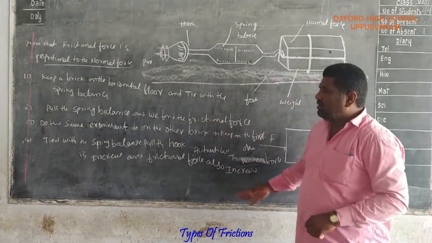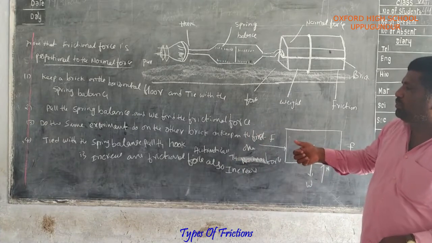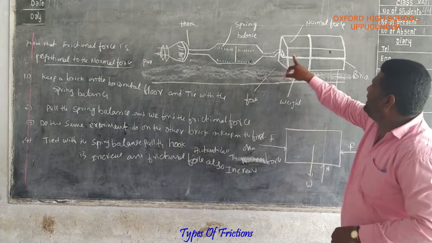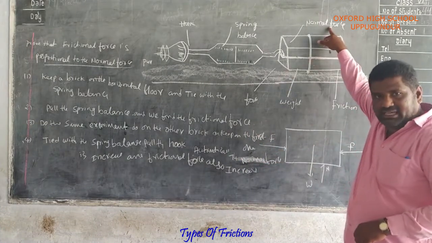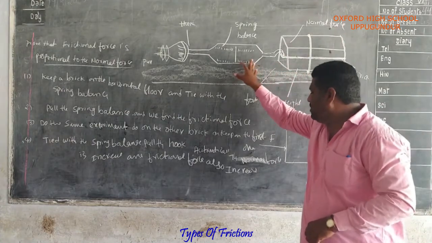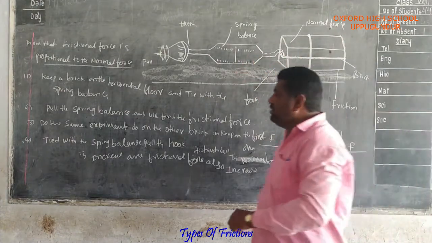When tied with the spring balance and pulling the hook, the normal force increases and the frictional force also increases.